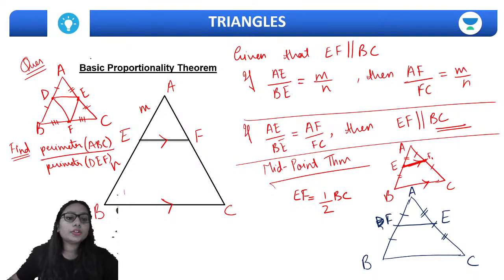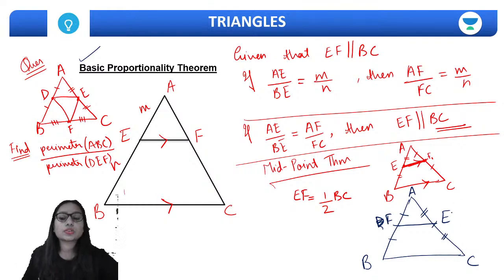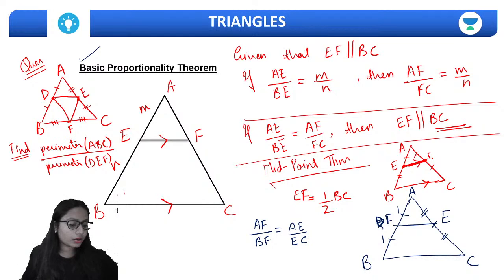According to the basic proportionality theorem, if the ratio on this side is m is to n, the ratio on the other side is also m is to n. So if I take the ratio as 1 is to 1, as this is the midpoint, I can say that AF upon BF is equal to AE upon EC.